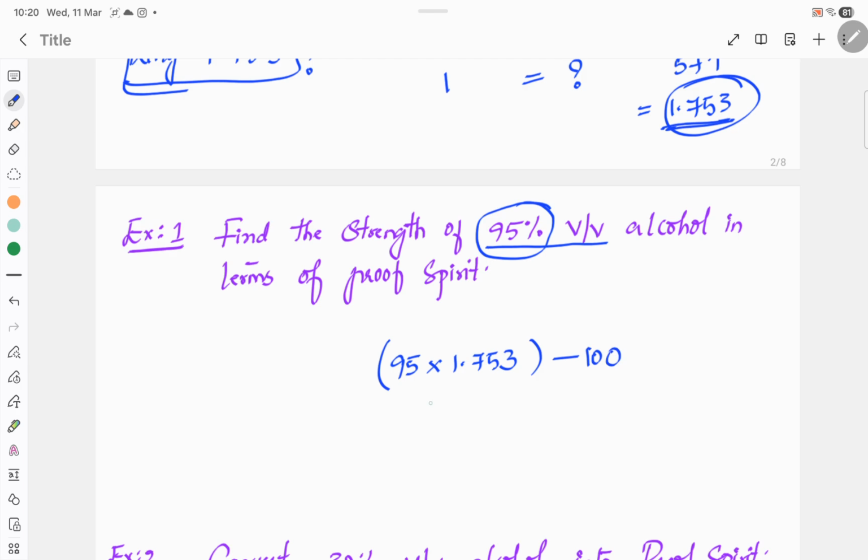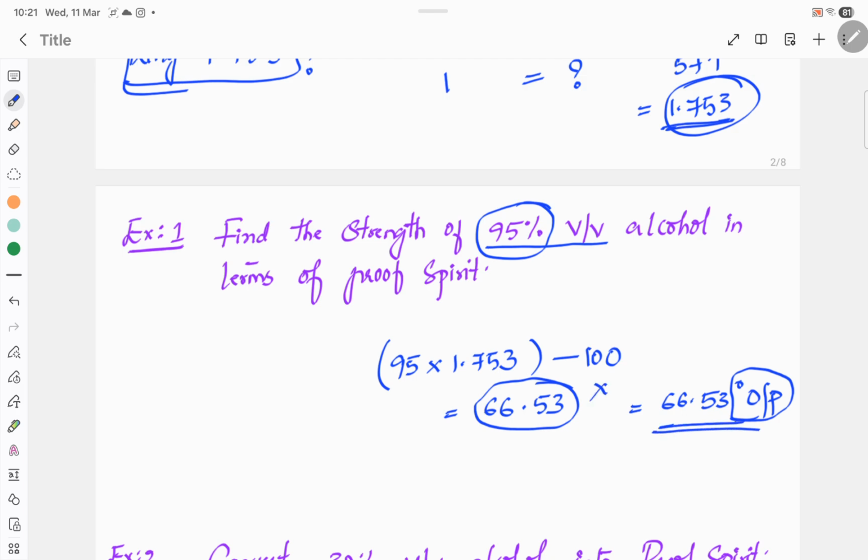If you calculate, you will get 66.53, and this is a positive value, so you have to write the answer as 66.53 degree overproof. If you don't write these units, the answer will not be valid.